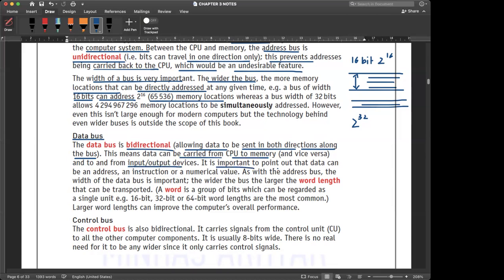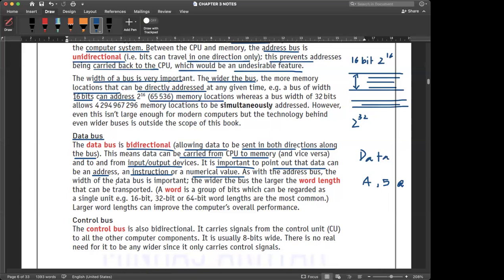It is important to point out that the data can be an address, an instruction, or a numerical value. Yes, data can be anything. Either it is an alphabet, a numeric value, or any special character or string. It is data. So the data bus has a job to transport the data to their places.